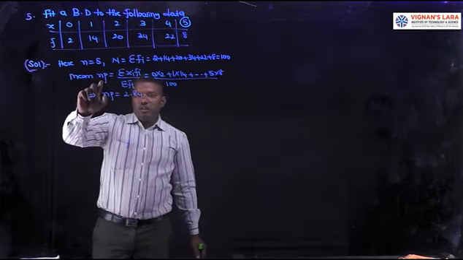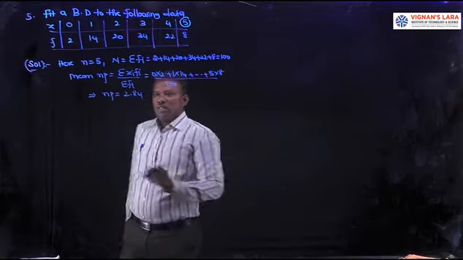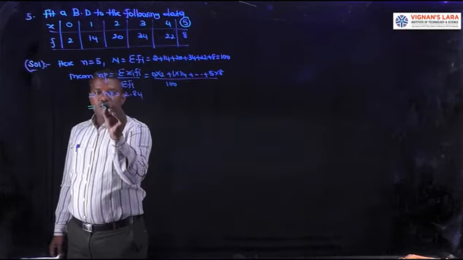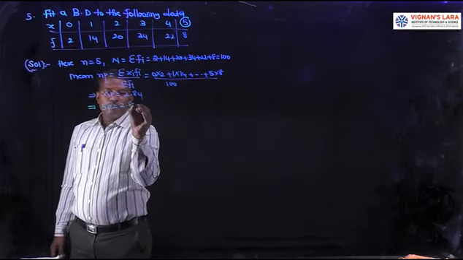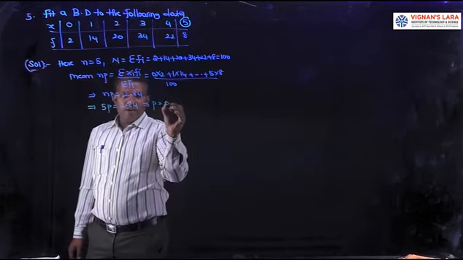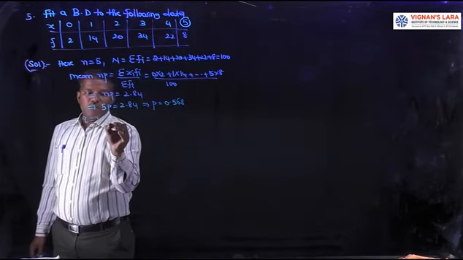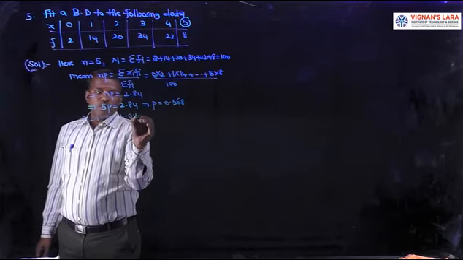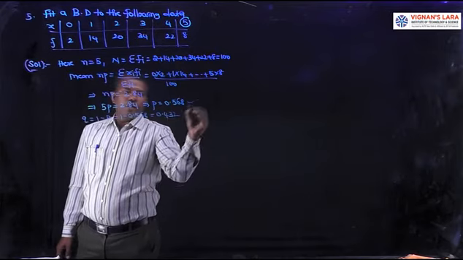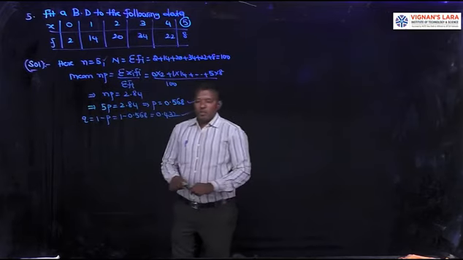For this, we equate mean equal to sigma xi fi by sigma fi, that is np equal to 2.84, and we know the value of n, that is 5. 5p equal to 2.84, then p is 2.84 by 5, 0.568, and the value of q is 1 minus p, that equals 1 minus 0.568, 0.432. The p value, q value and n value are the fixed parameters of the binomial distribution.